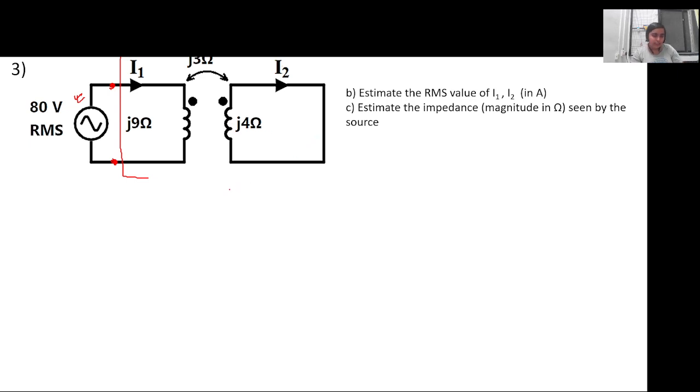I would like you to try: apply KVL in loop 1 and loop 2 and come up with I1 and I2. I'll give you 2-3 minutes to get a head start, then we'll start solving it.